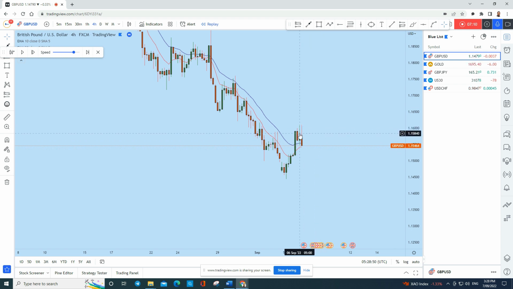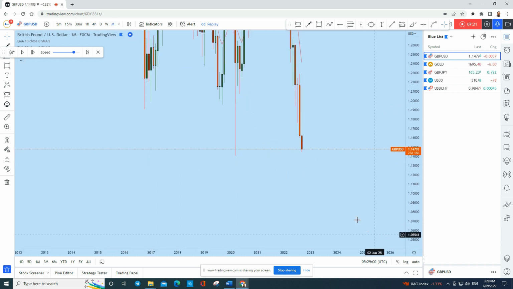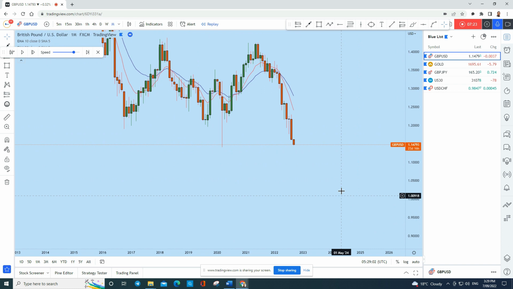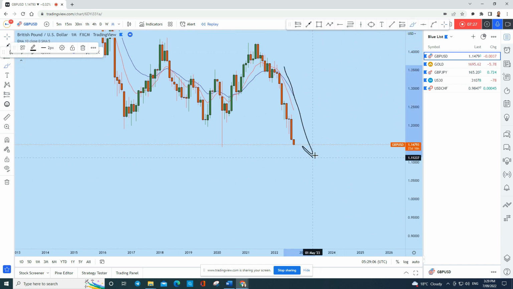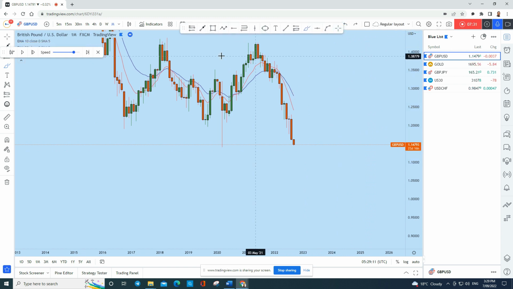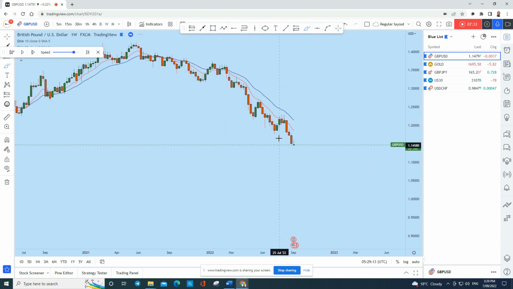But to do an in-depth analysis, first of all, I do a multi time frame analysis. So I look at a bigger picture, for example, on the monthly, to see the clear direction in the market. I see that, let's say, British pound, US dollar has created this bearish move. So this is a strong bearish price action from the monthly perspective. Then I look at weekly, I do a full trend analysis.